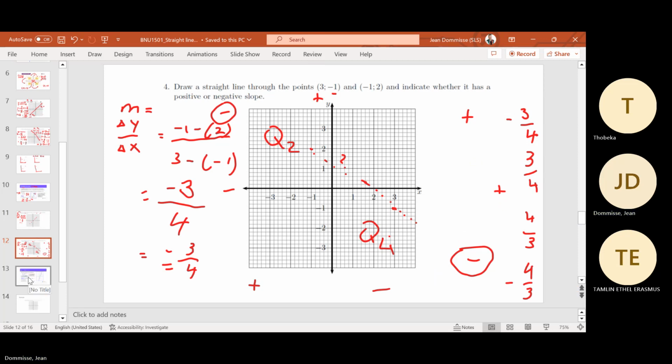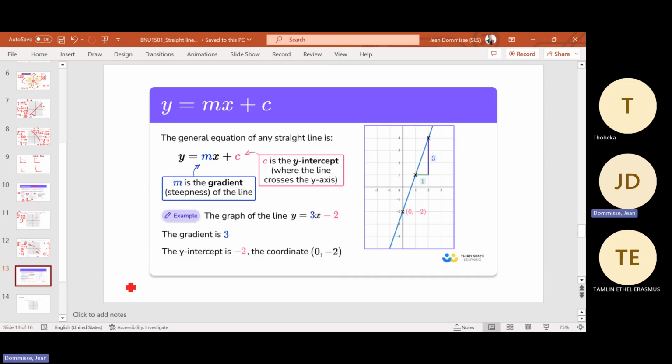Okay, so the next one, and we nearly have looked at it already, but just to reiterate, M is for gradient. It can also be the slope. Your C is your y-intercept, and that is where it goes through your y-axis. Sometimes it's very clear, like in this instance, that it goes through -2.